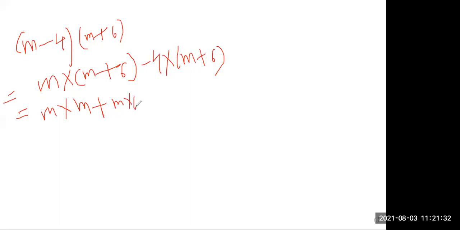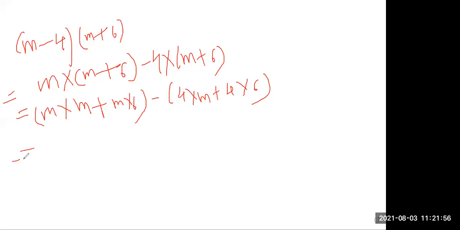This is the first bracket. You can write it like this in brackets. Then in the second bracket you can write 4 into m plus 4 into 6. Now see what I have done here. That minus sign I gave outside only. And this 4 multiplied by m and this 4 into 6.